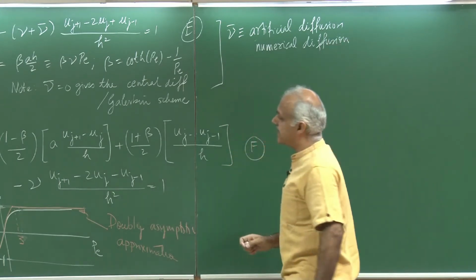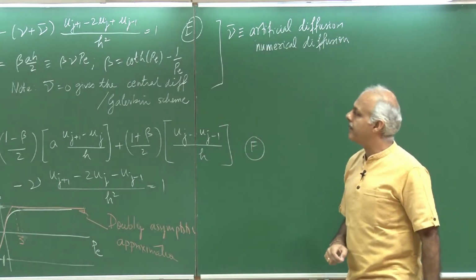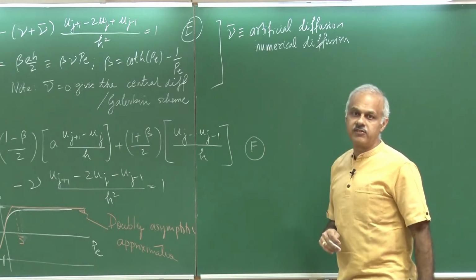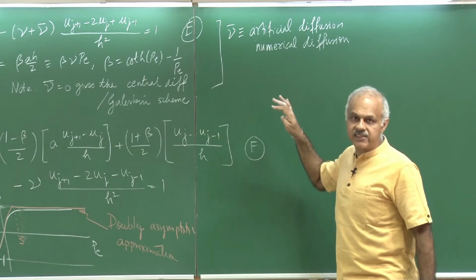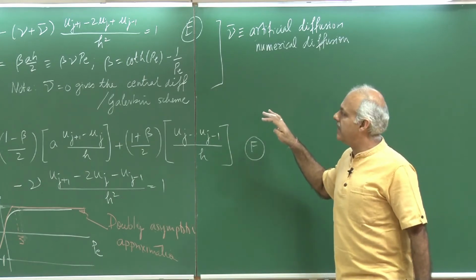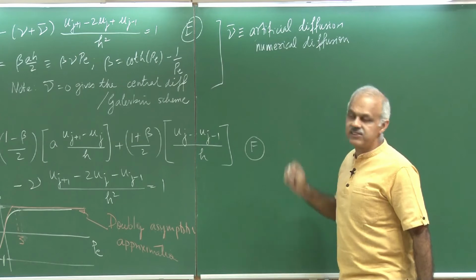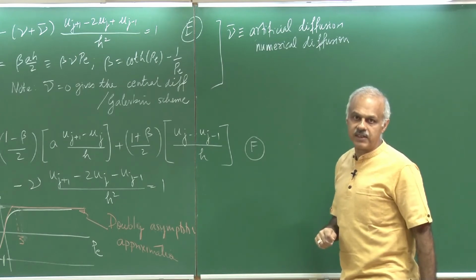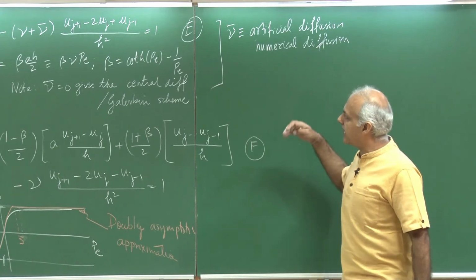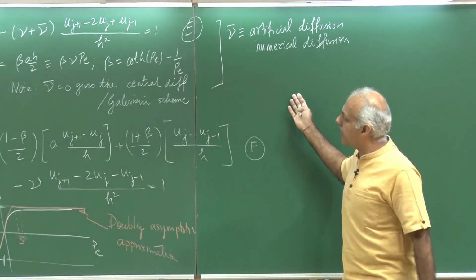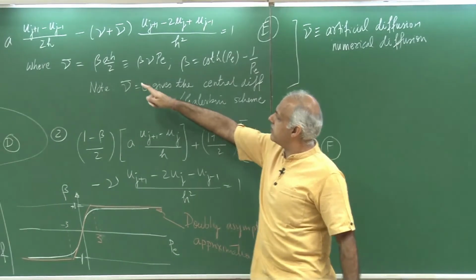So what is being said is that the Galerkin method does not have enough diffusion, and therefore you need to add something extra to it and make it stable, and that would give you the correct answer. One can design the value of nu bar, and that is given by this.